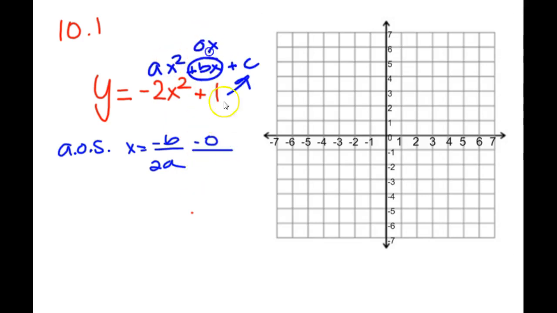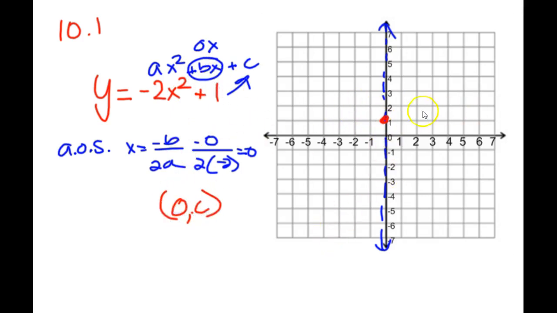There's no x here, so it doesn't matter what's on the bottom. It's going to be 0. So our axis of symmetry is on the y-axis. So there's our axis of symmetry. The only point we have to plot is 0, c, which is really 0, 1.